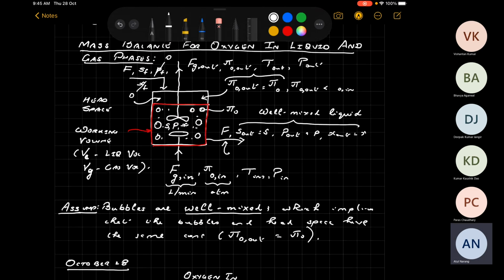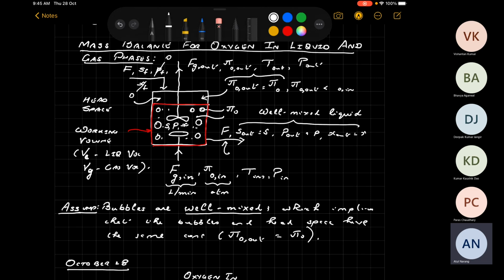Maybe I should draw an arrow here. It's getting a little too busy, but just like pi O is the concentration of oxygen in the gas phase, there is a certain concentration of oxygen in the liquid phase. This is also called dissolved oxygen concentration.